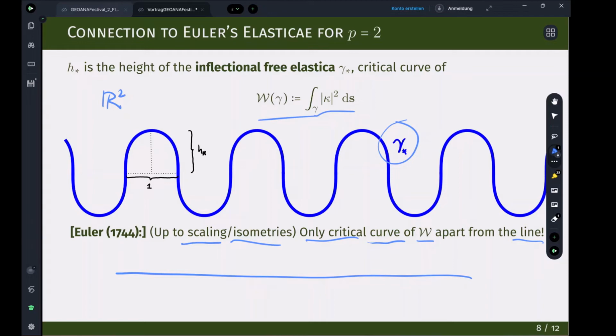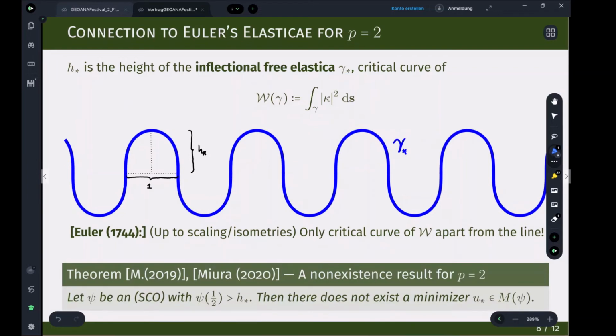And this exhaustive classification of critical curves of W will really lead to the following non-existence result. So if C is a symmetric cone obstacle and has height above exactly this H star, then there does not exist a minimizer.